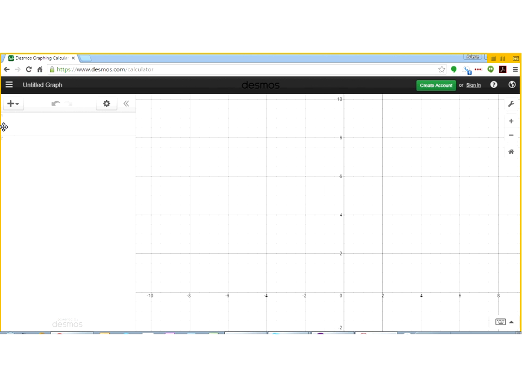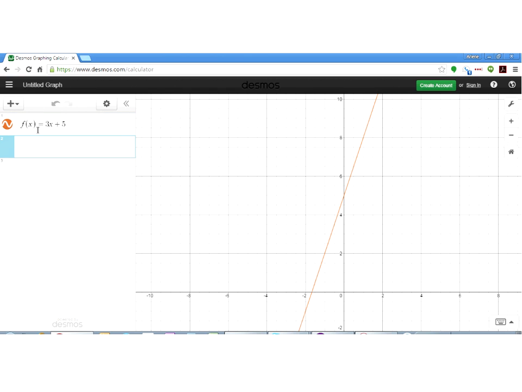But we're going to go ahead and graph this and be able to then answer the statements. So let's go back to Desmos. Like I said, Desmos is awesome for these kinds of problems. And watch what I do. The first thing I'm going to do is graph that first equation, f of x equals 3x plus 5. There you go. You see that it crosses the y-intercept at (0, 5).